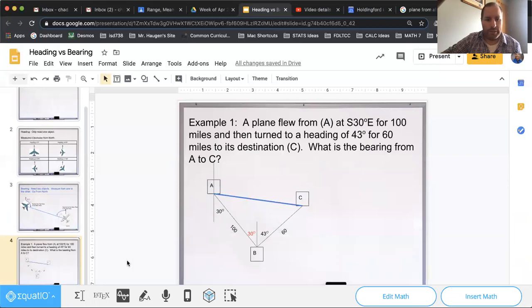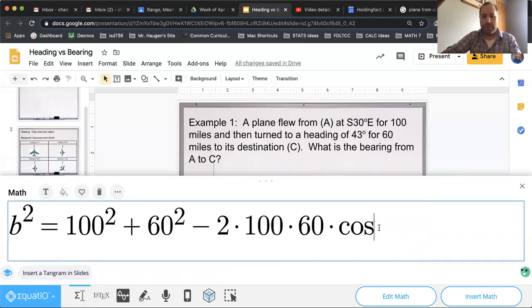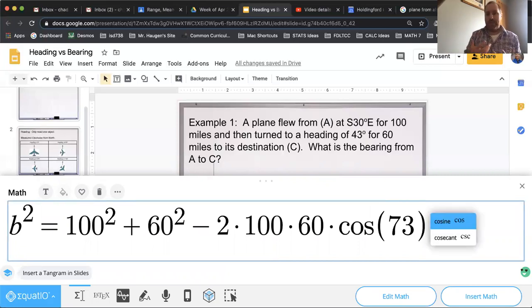This angle was 73 degrees, so cosine of 73 degrees. Okay, so that would be the whole thing. We could type this entire piece into our calculator.